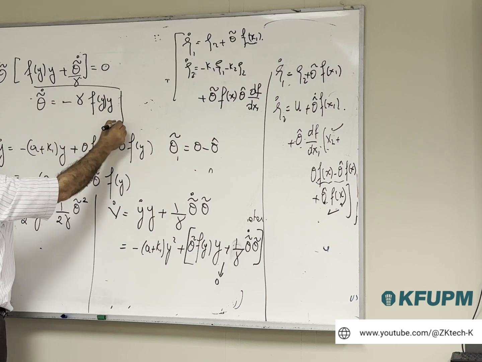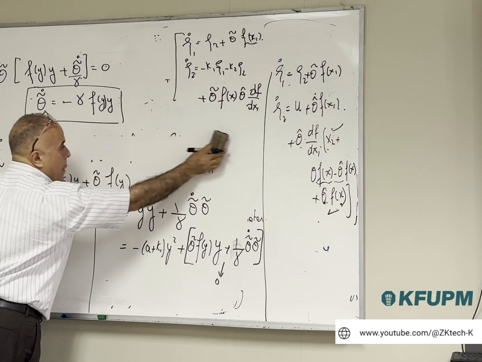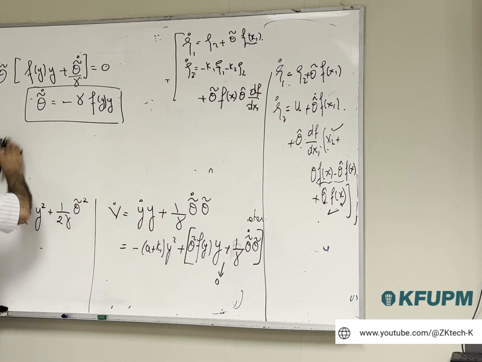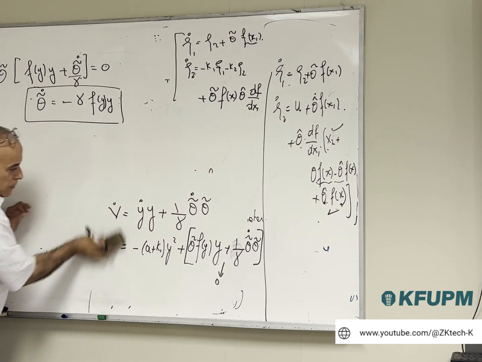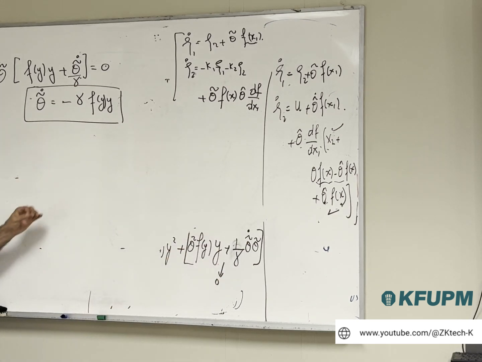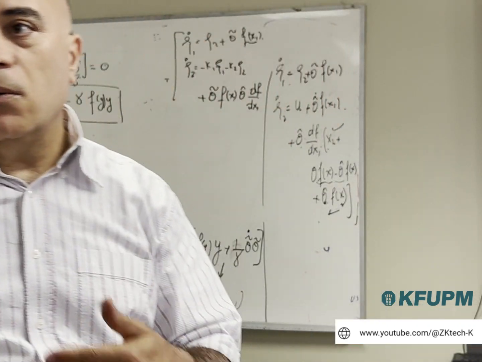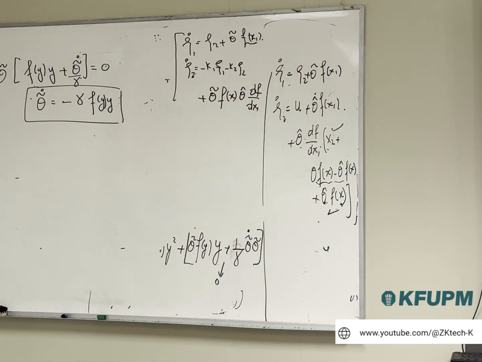What is this? The one that you use to create a state, to make it simple. So what did we call this last time? Adaptation rule, not MIT rule. Adaptation rule.